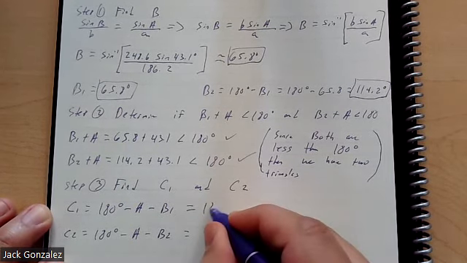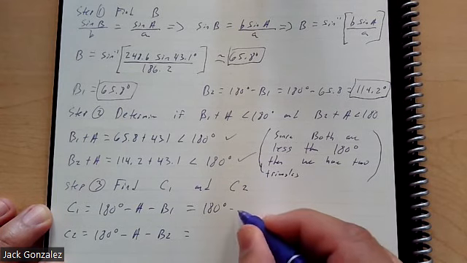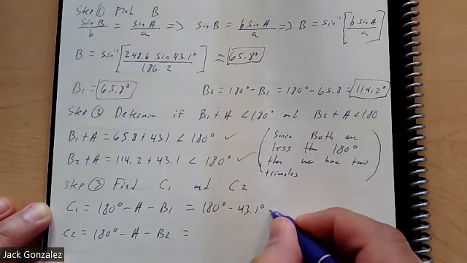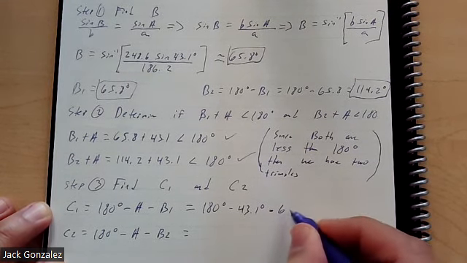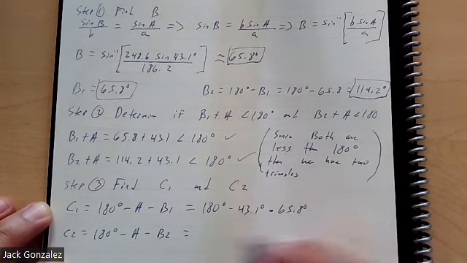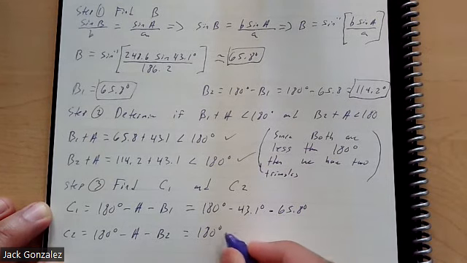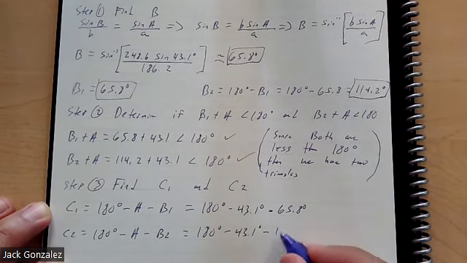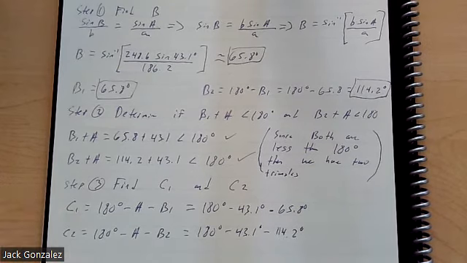That is 180 minus 43.1 minus that B we found, 114.